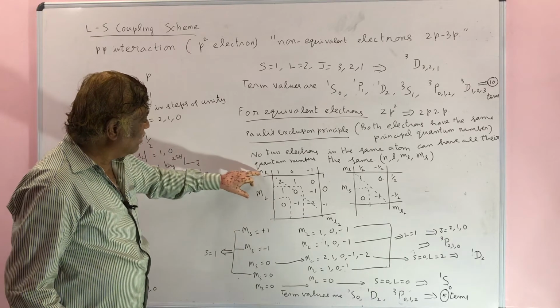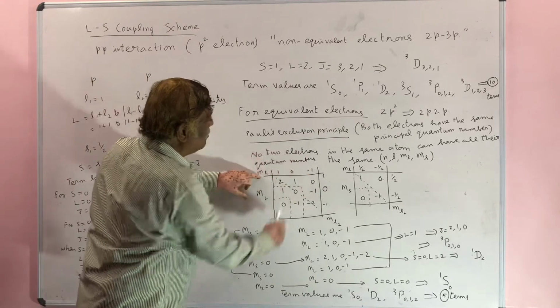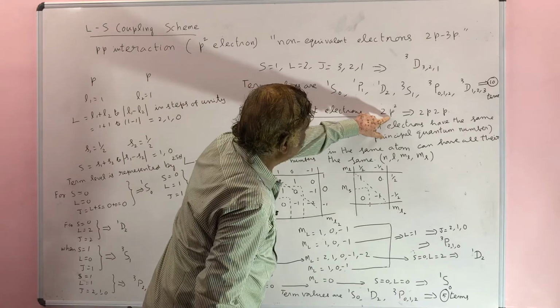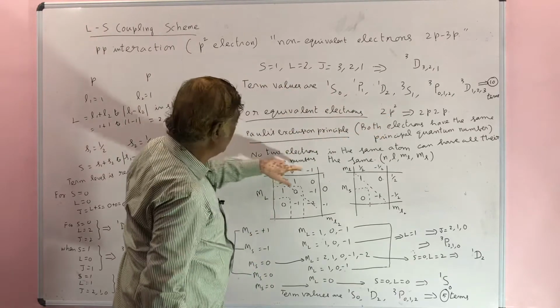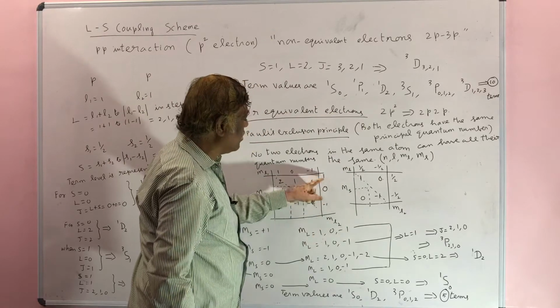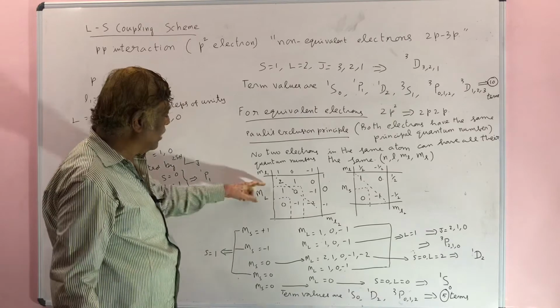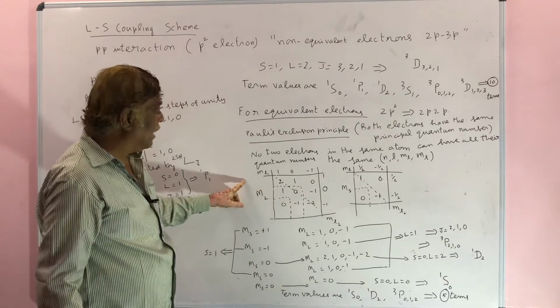Now here you take Ml1. Here 1, 0, minus 1, because this is the l equal to 1 electron. So 1, 0, minus 1 is Ml1. For the other electron Ml2, again this is 1, 0, minus 1. You add these two, Ml1 plus Ml2, and you get the resultant Ml.